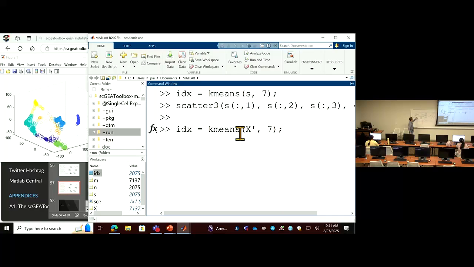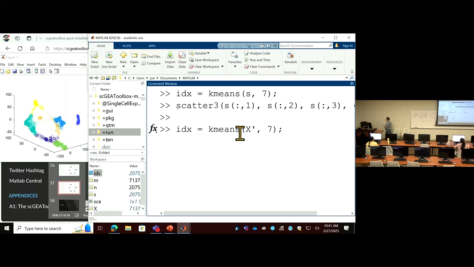Just make sure you directly embed the original matrix. That will take longer. And also make sure the rows are the cells and the columns are the variables that define the property of each cell. So you have to transpose this to give this.